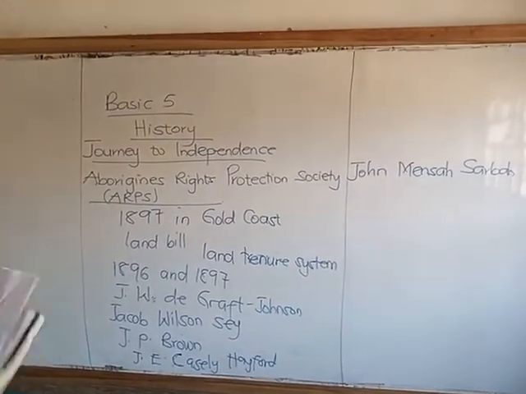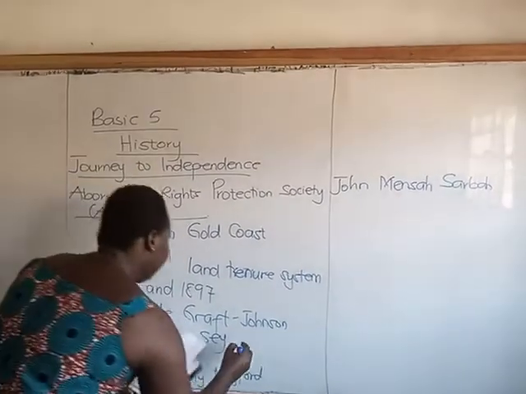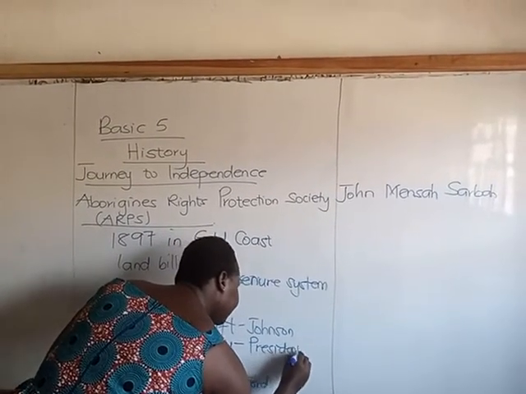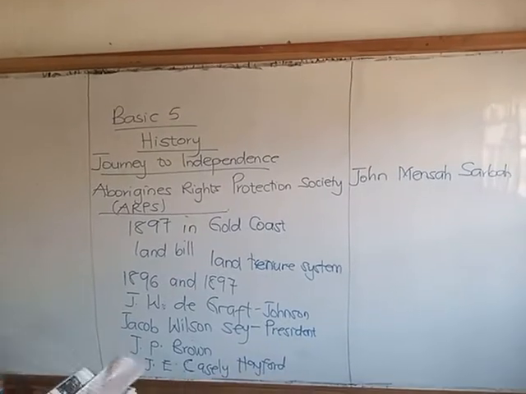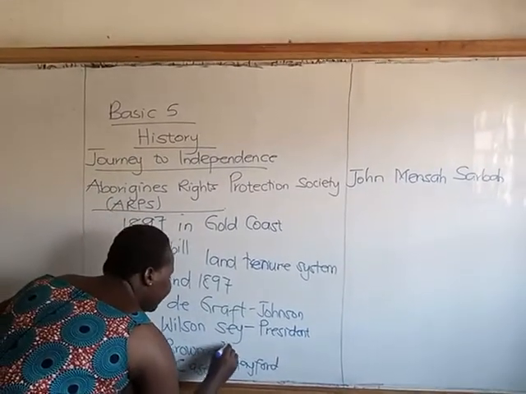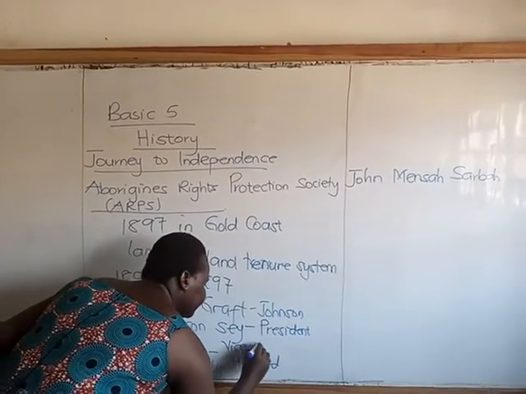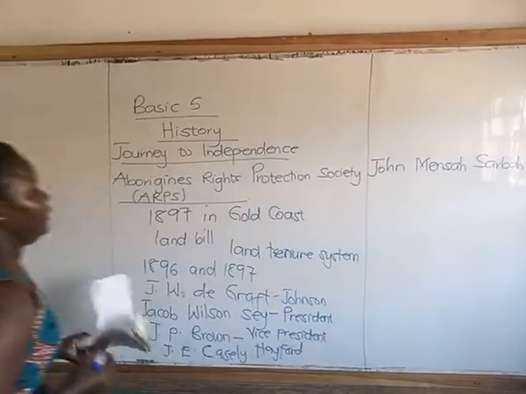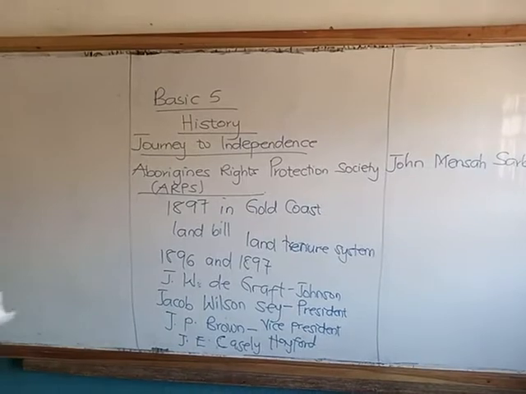Now we had Jacob Wilson as the president, then J.P. Brown as the vice president. So these were the people that led.